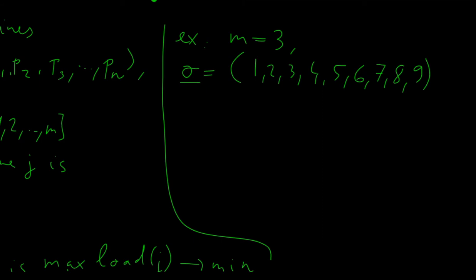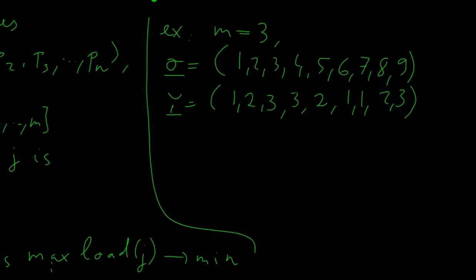The time needed to process the second is 2 units, and so on. And then a possible response sequence could be, say, 1, 2, 3, 3, 2. So each job will be scheduled to one of those machines, 1, 2, and 3.